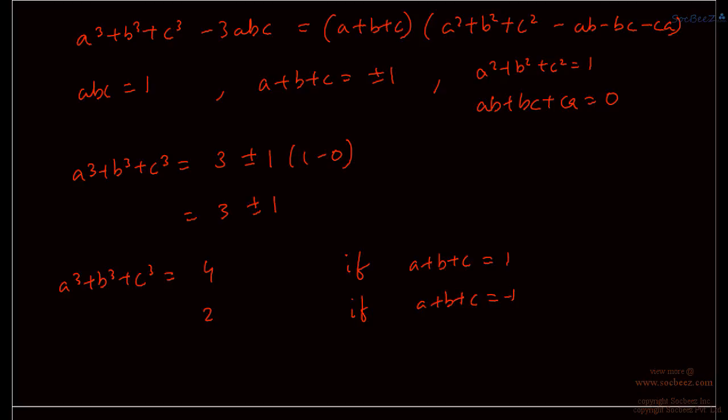And 2 if A plus B plus C is equal to minus 1. So there are two possible cases here. If the sum of my numbers A, B, C is 1, the value of A cube plus B cube plus C cube will be 4, whereas if it is minus 1, it will be 2. Right? So that concludes the questions for matrices.